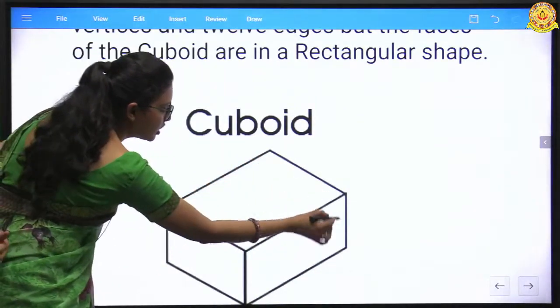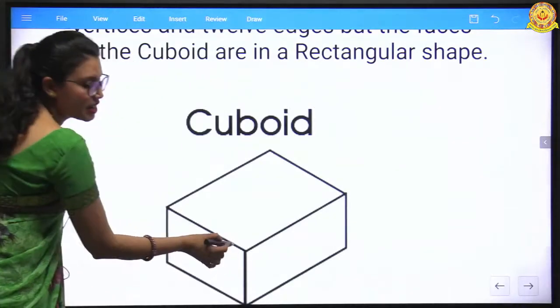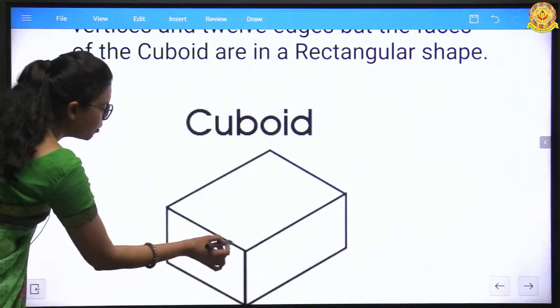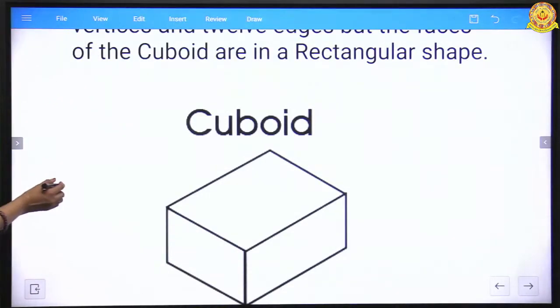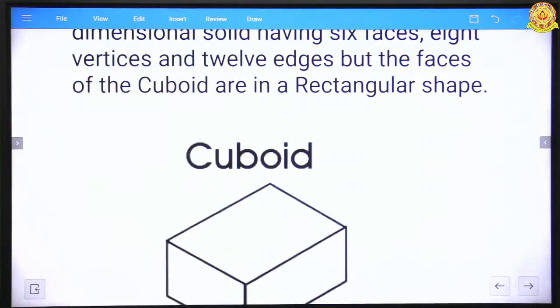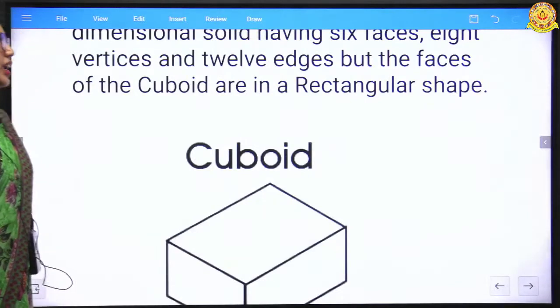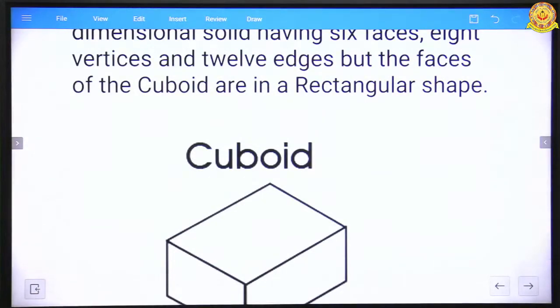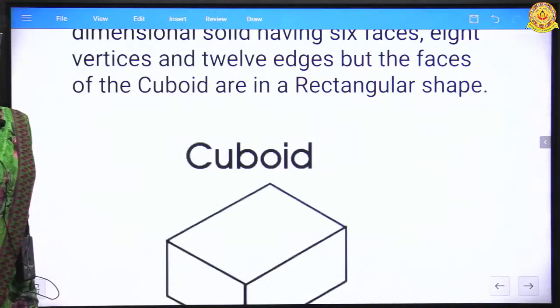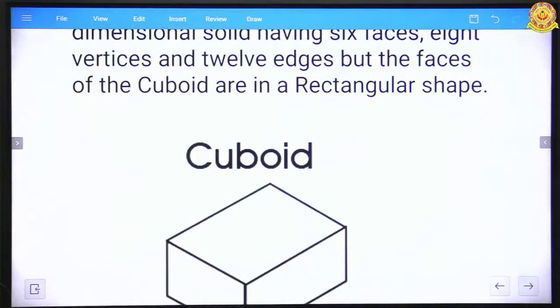This face is also looking like a rectangle. It has similar faces, vertices and edges to a cube.